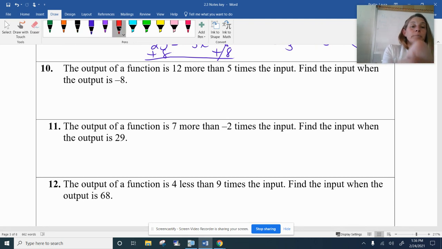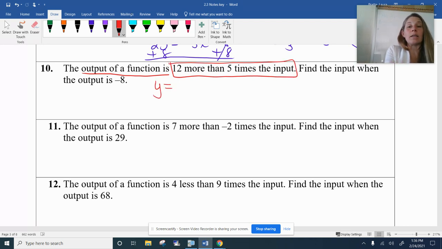Okay, next one. The output of a function is 12 more than 5 times the input. So my equation here is y equals 12 more than, usually means that the plus 12 is at the end, and it's 12 more than 5 times the input, which would be 5x.